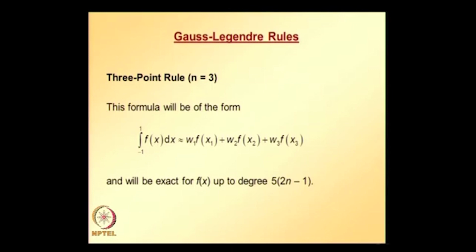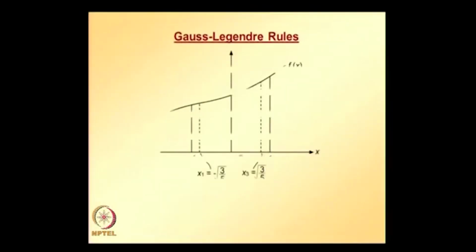So, we impose these conditions and we determine these 6 unknowns, and the solution of the 6 equations results in this, that is w1 is equal to w3, x1 is equal to minus x3, x2 is equal to 0.